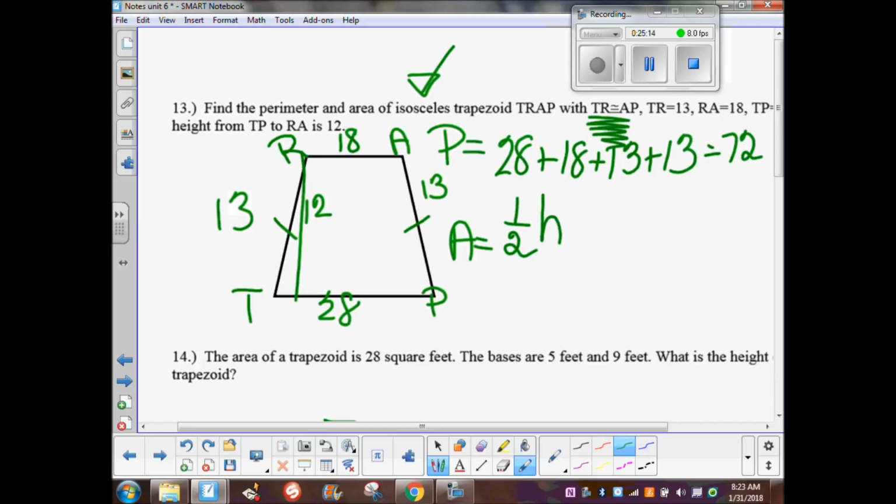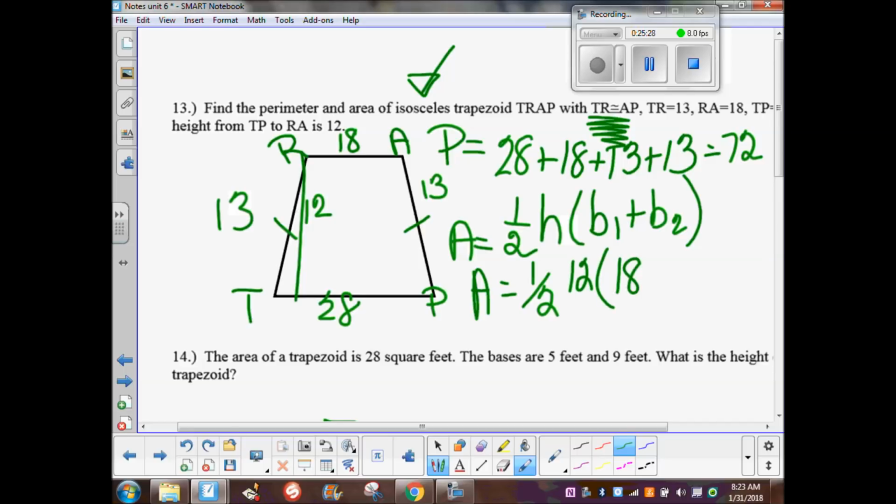1/2 the height, parentheses, base 1 plus base 2. 1/2. What's the height? 12? What's base 1? You can go to your calculator right now and enter it exactly the way you see that.